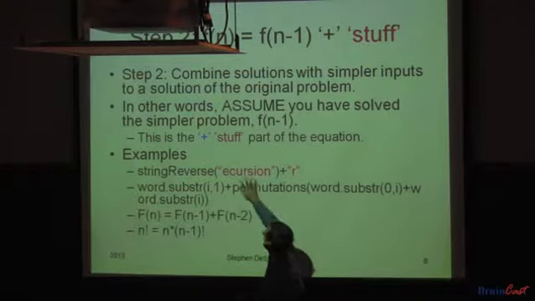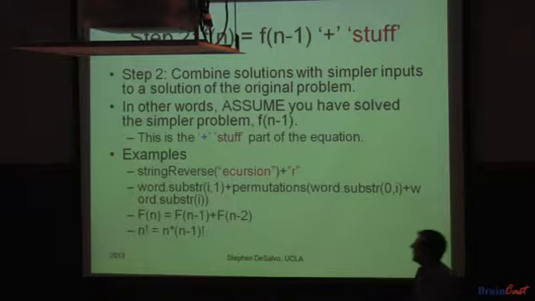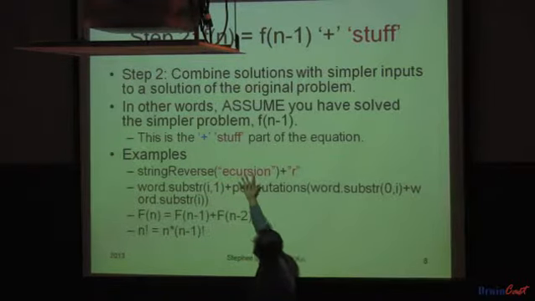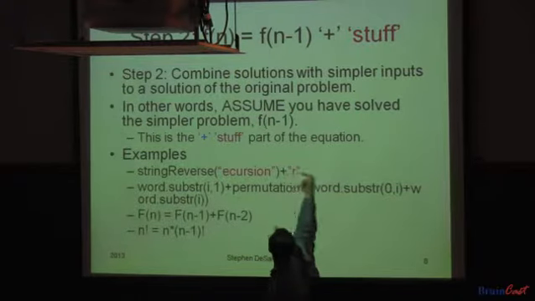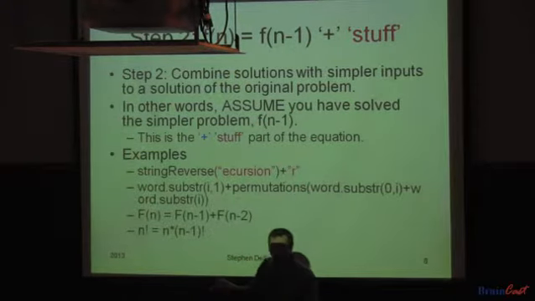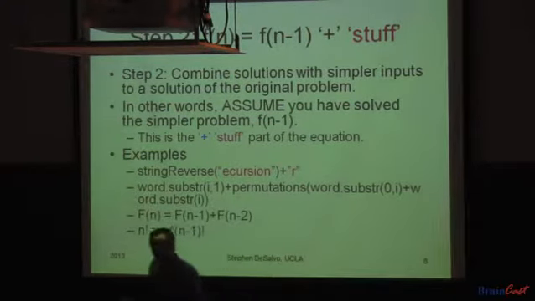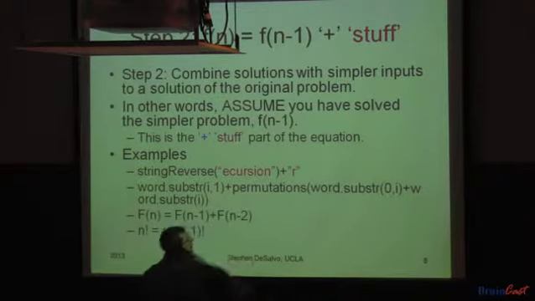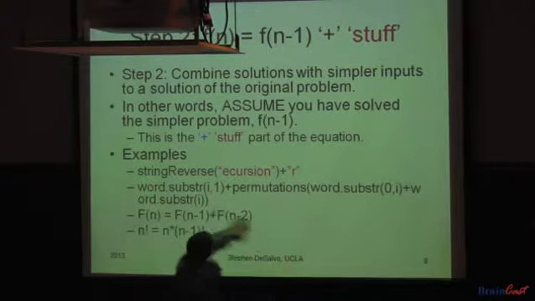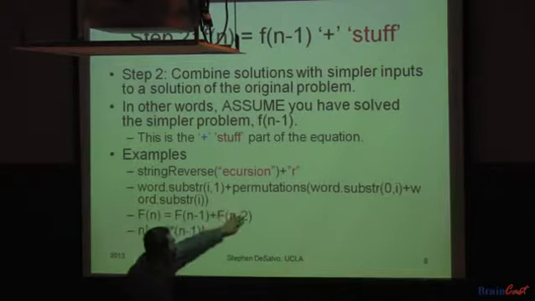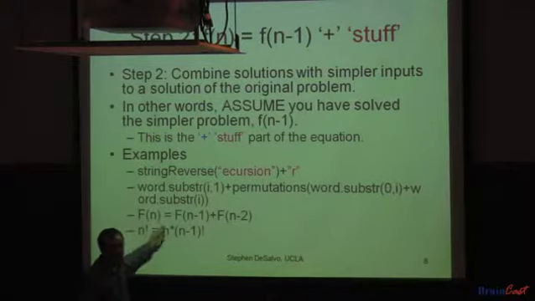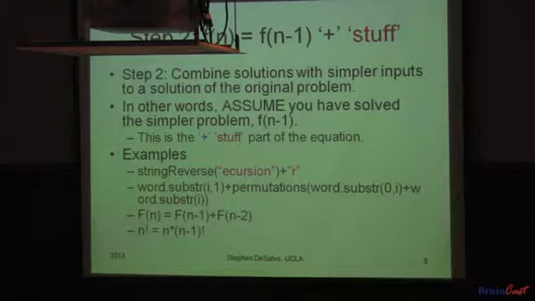And then for the string reverse, if you had the solution to the reverse of these letters, you would right append the letter R that you took out initially. Okay? So again, you assume the smaller version of the problem is solved. You assume you know the smaller values input, and you just map out exactly how you would recombine them to get the larger solution.